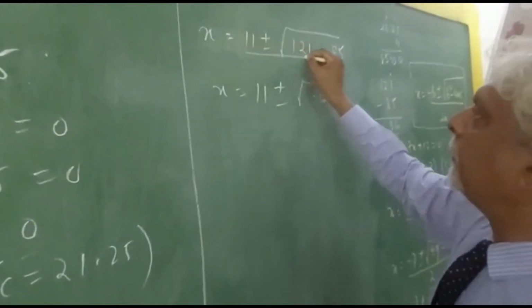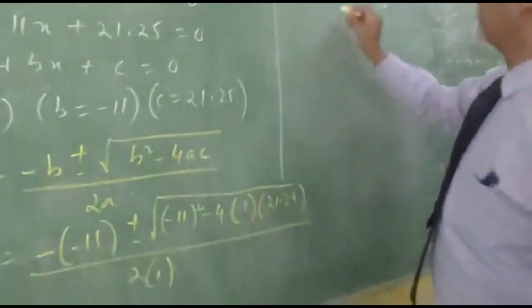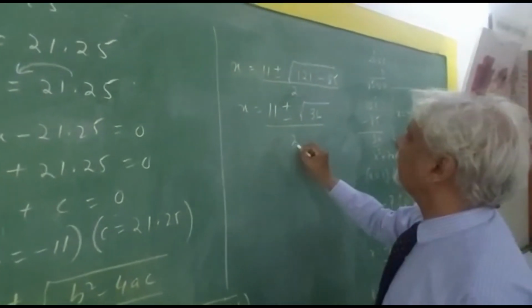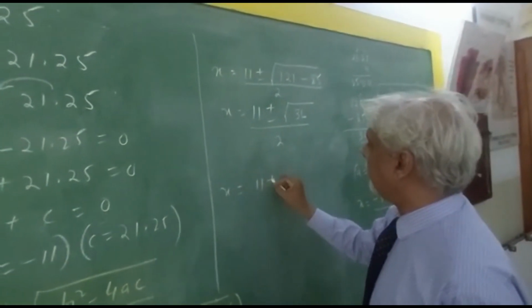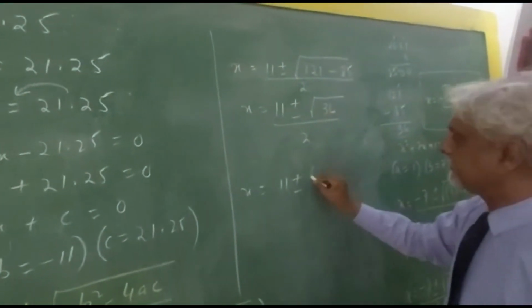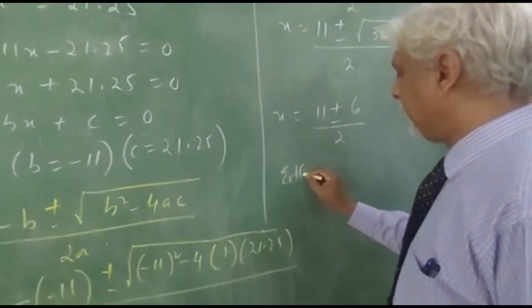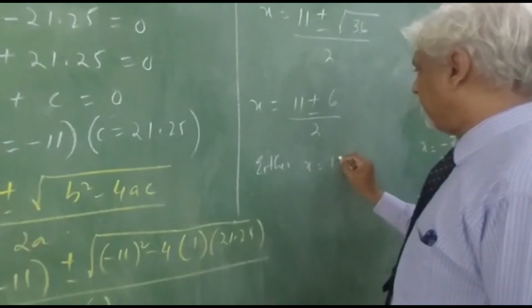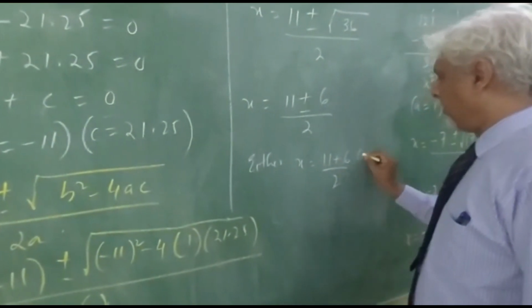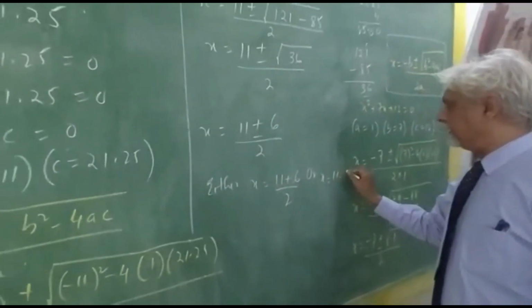Well, I forgot the denominator. 2 ones are 2, upon 2. So x is equal to 11 plus minus the square root of 36, which is 6, over 2. So I have two values of x, either x equals 11 plus 6 over 2 or x equals 11 minus 6 over 2.